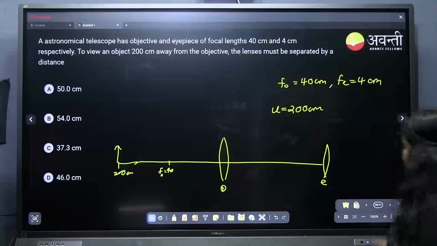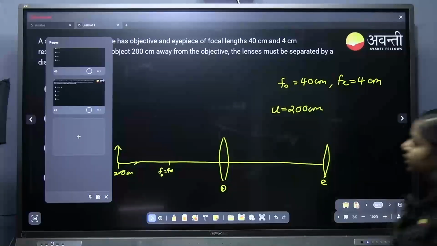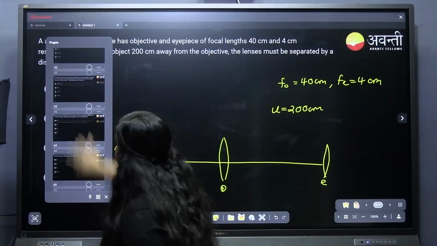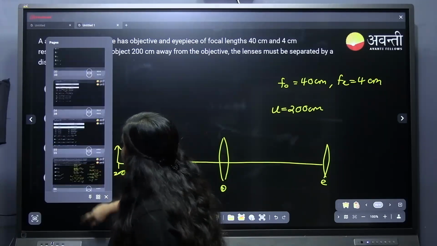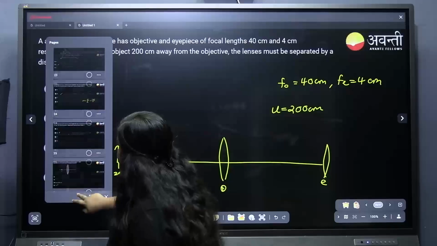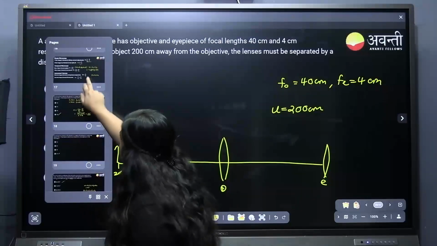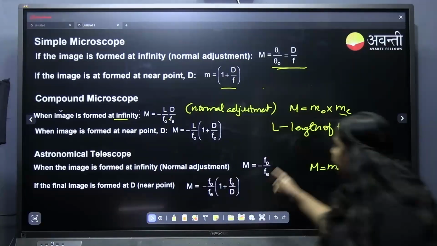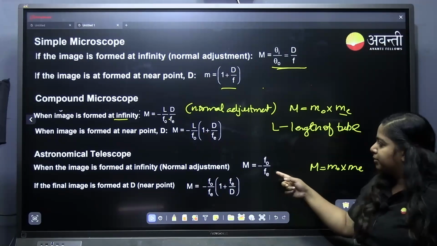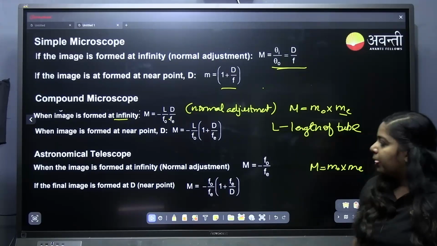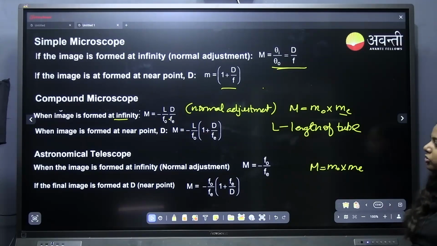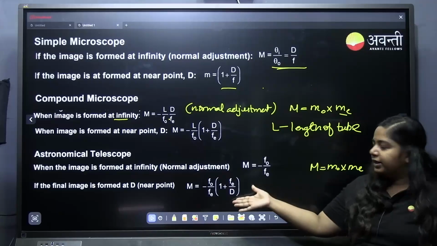Okay, let's see, for an astronomical telescope, which formulas did we study? We have two formulas. One is at normal adjustment, another is at near point. So let's say we are finding at a near point.